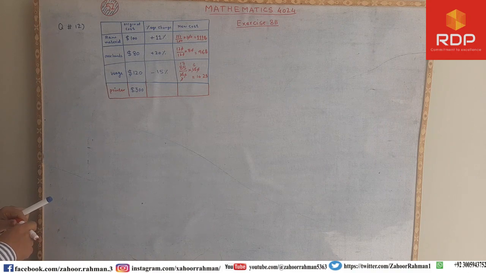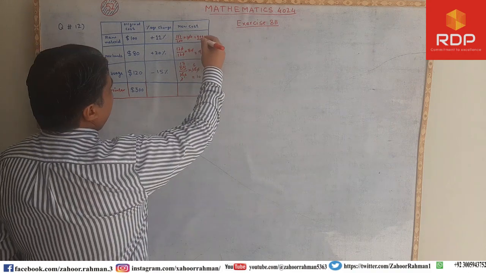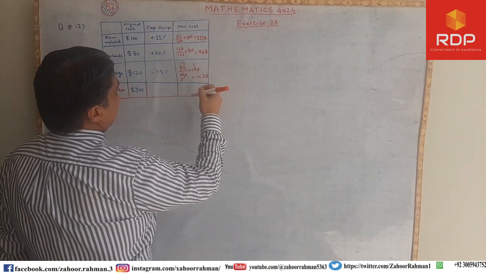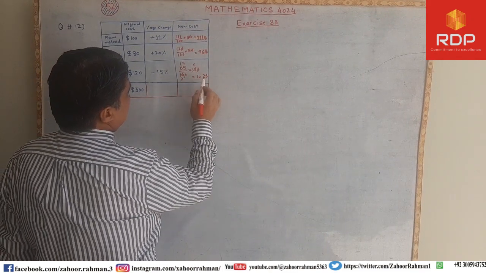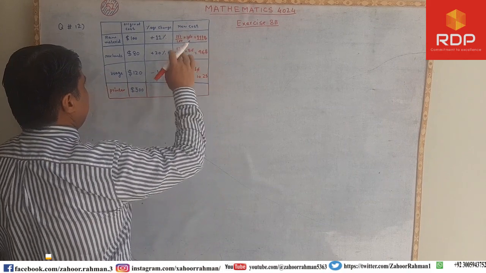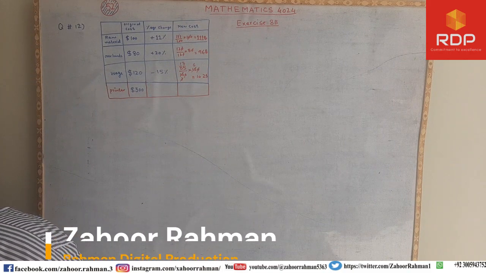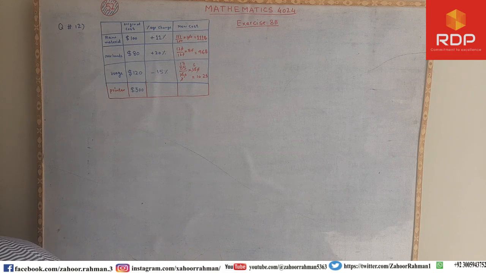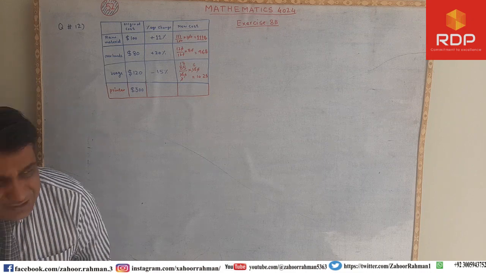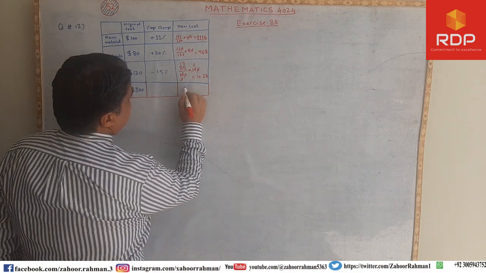So when we add all these values, we will get 198 and 312, which gives $309.